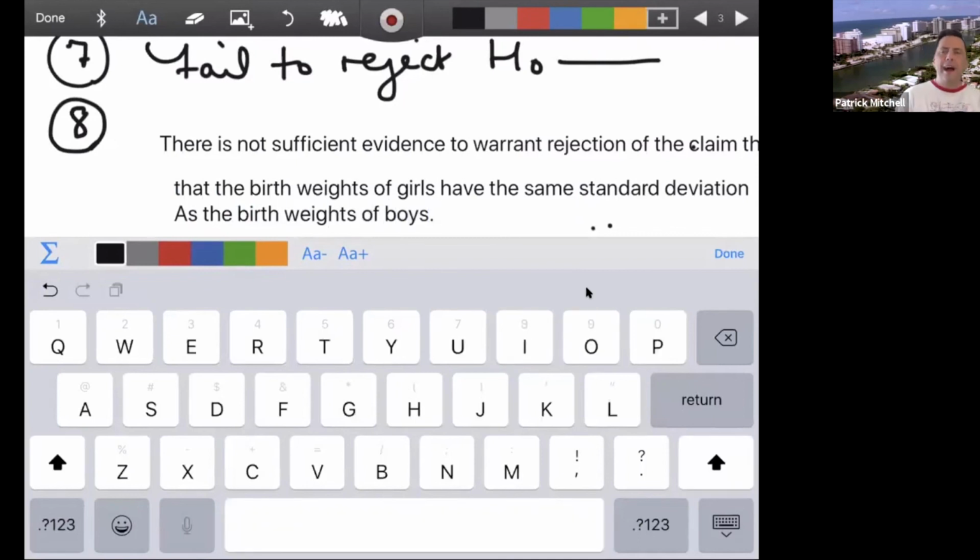Okay. Not sufficient evidence to warrant rejection of that claim. So we're not saying we've proven those two standard deviations are the same. We just haven't gathered evidence to say that they're not the same.